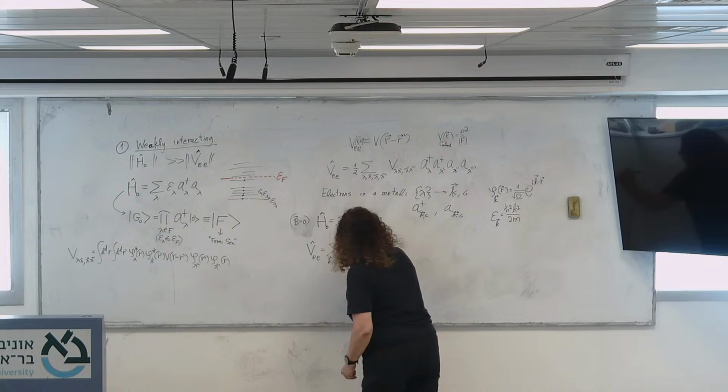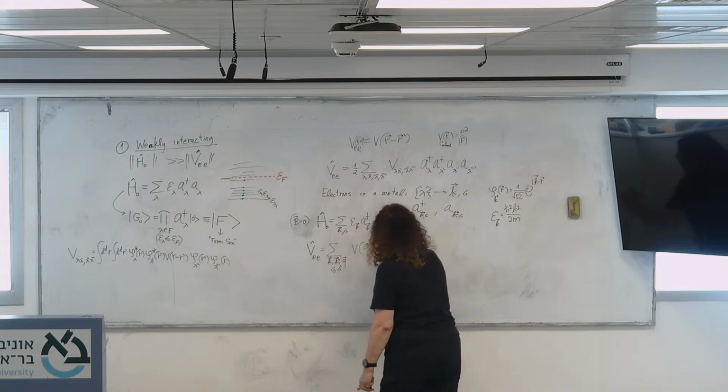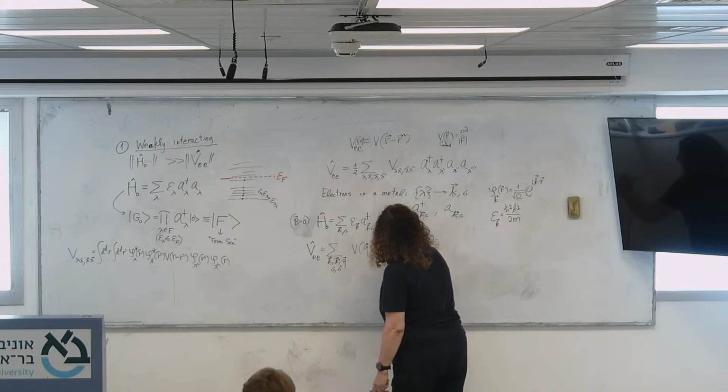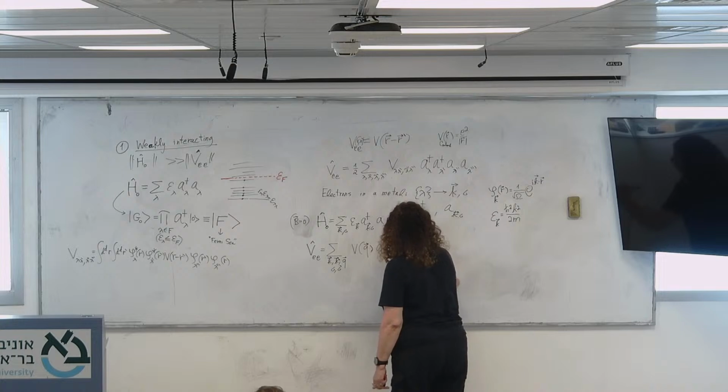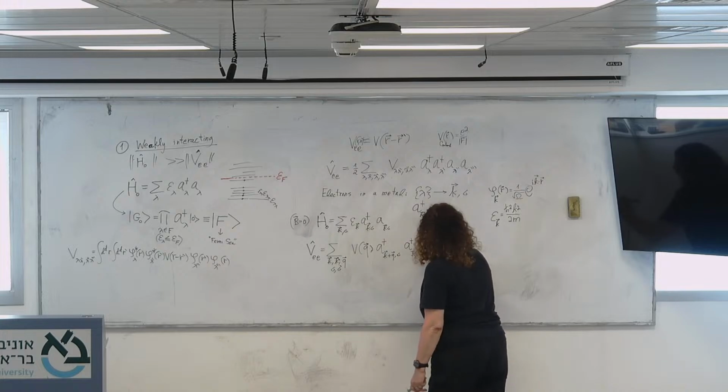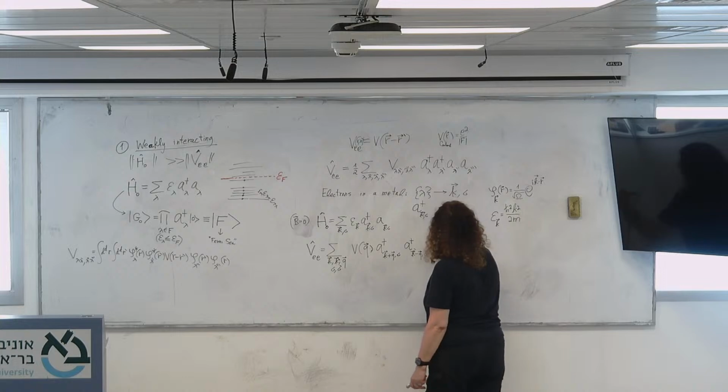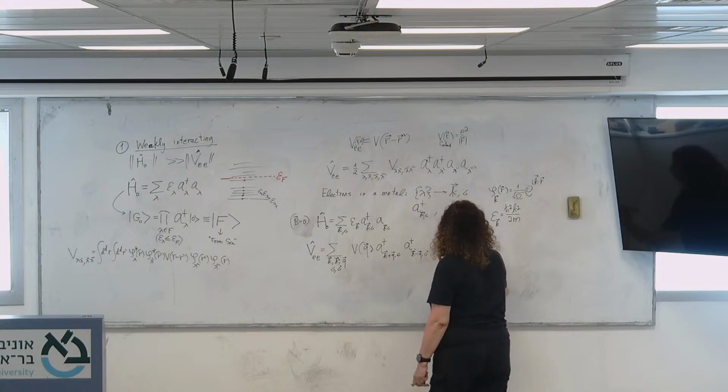So, and then I have the following expression, V of q, which I'll explain in a minute, and then a dagger of k plus q and sigma, a dagger of k prime minus q and sigma prime, a of k prime and sigma prime, a of k and sigma.